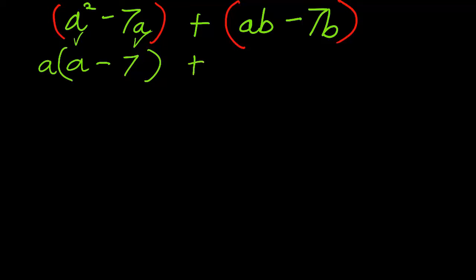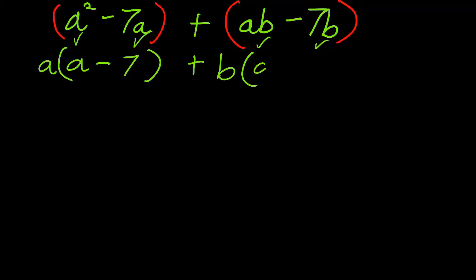Now, I'm going to factor the second set of parentheses by GCF. Both of these terms have a b in them, so I'll pull out the b as a common factor. B times what is ab? Well, a.